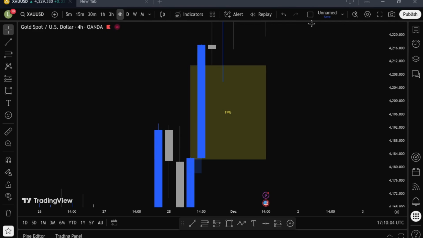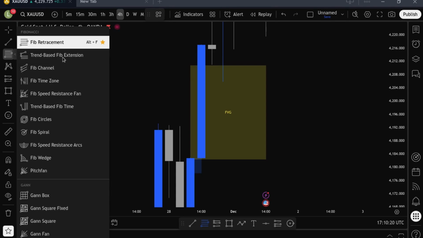This is the Fibonacci retracement tool. You can also get it by clicking on this arrow here, then you can see Fib retracement. You can add it to favorites by pressing Alt F.